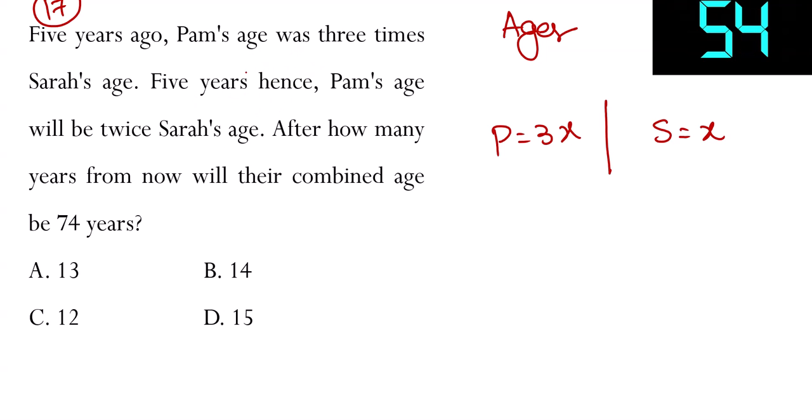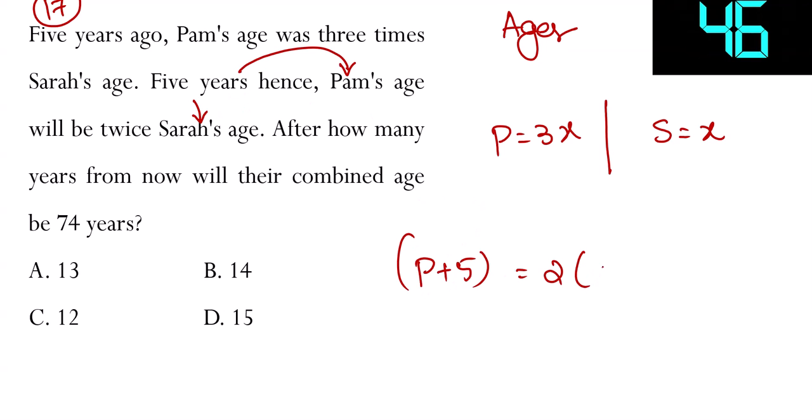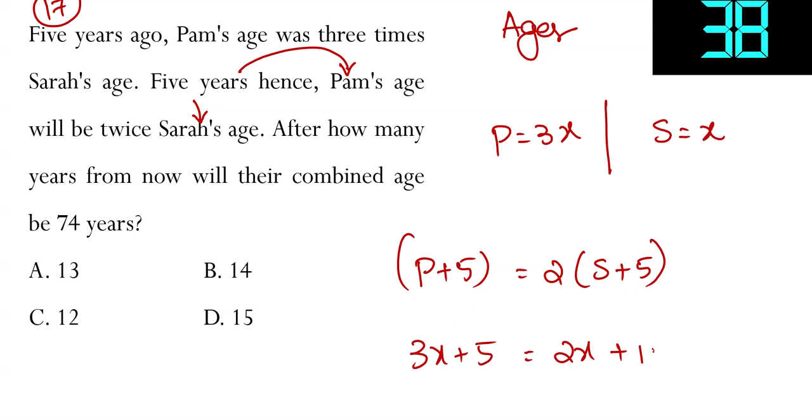This 5 years is common for both P and S. After 5 years, Palm is twice Sarah. So 3x plus 5 is nothing but 2x plus 10, x equal to 5.